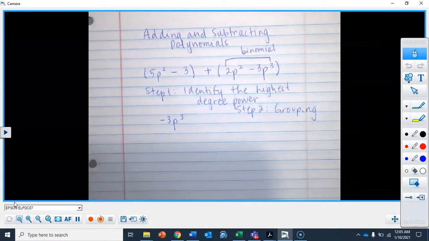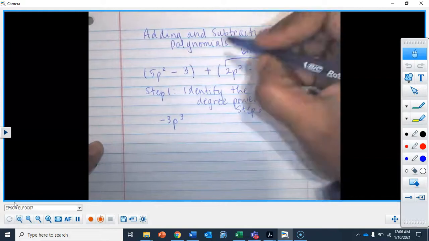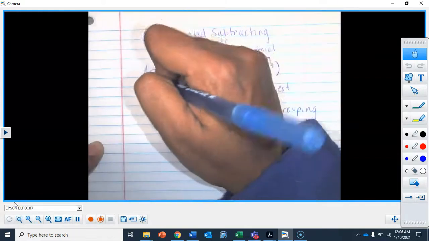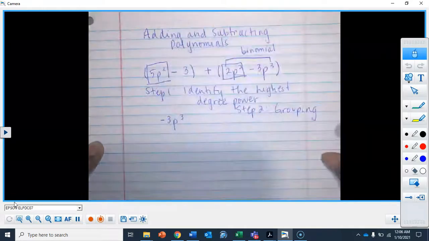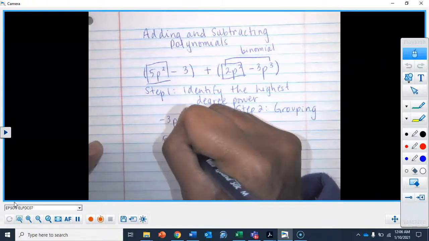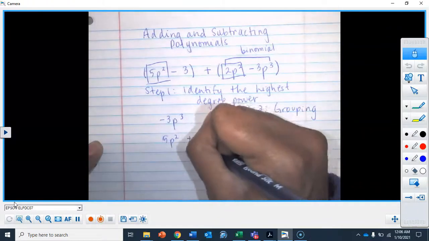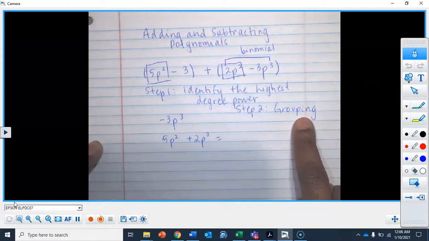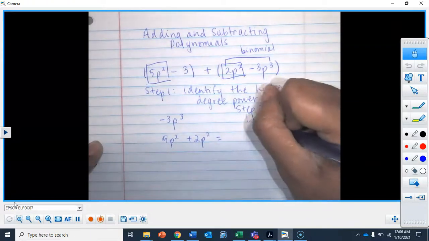Anyone who looks identical to someone else, you want to group together. So look at our p squared terms. We have plus 2p squared, and in this parentheses we have a 5p squared. So I'm going to group those two together. 5p squared plus 2p squared, again, these are like terms, so you're grouping like terms.